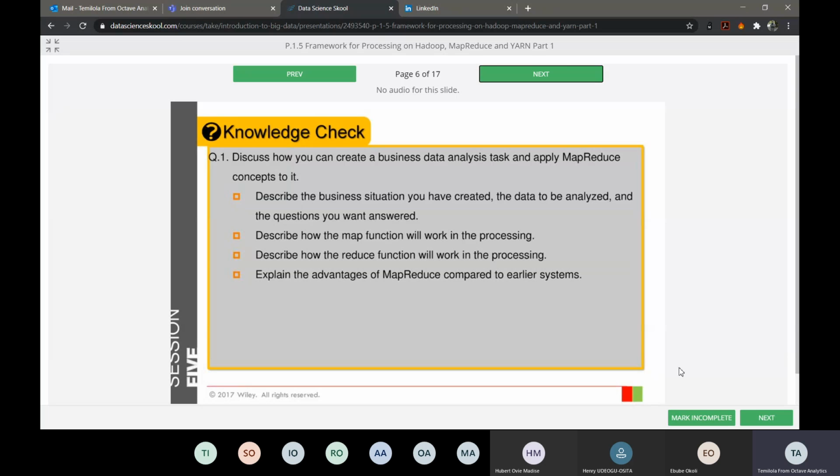I'm already talking about the third statement here, which says describe how the reduce function will work in the processing. So what would the reduce function do? The reduce function will collate all our responses and aggregate them into a final answer.